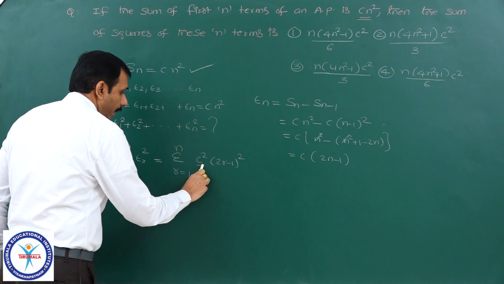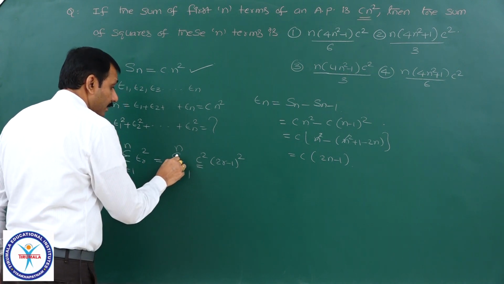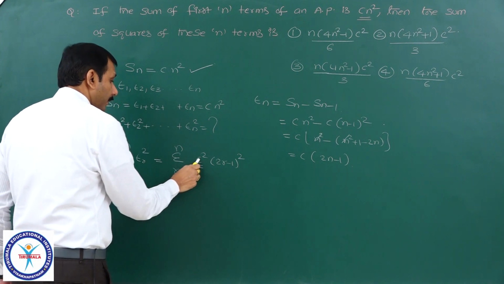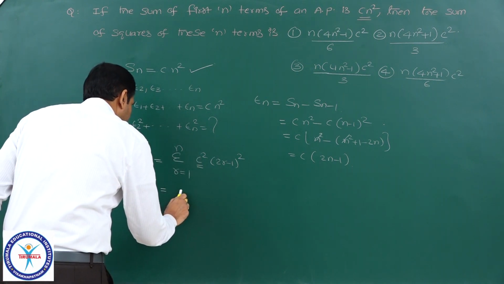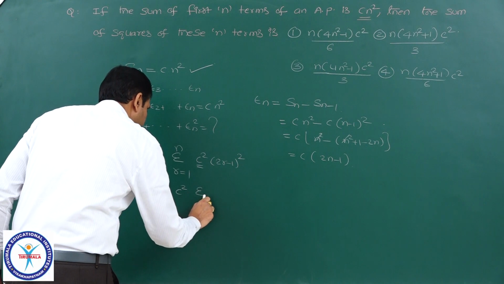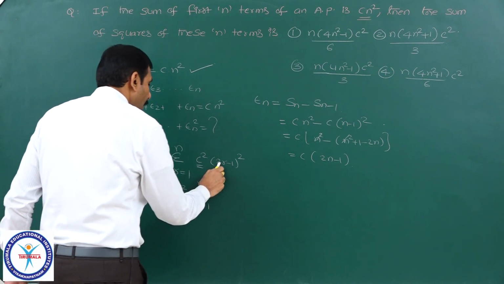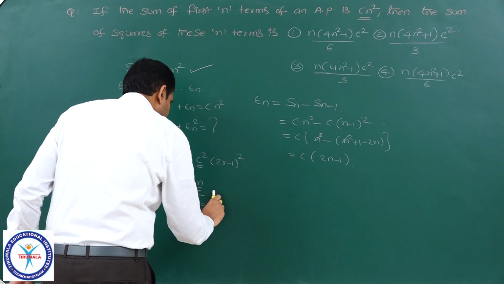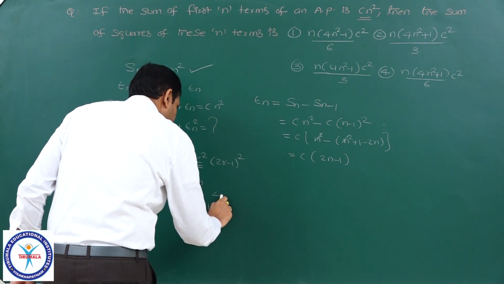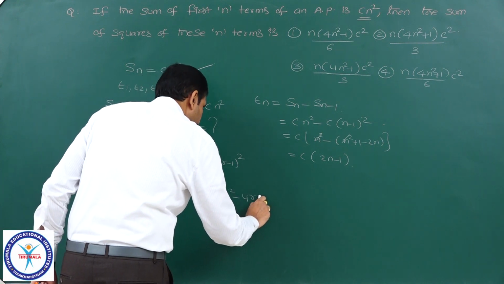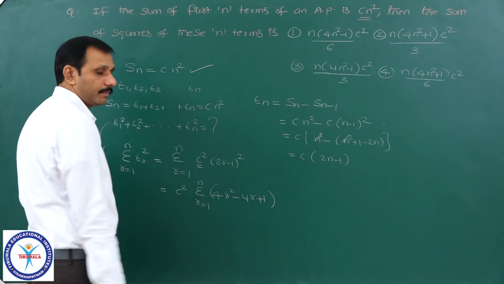Here c square is a constant because the sigma depends on the value of r only. The c square constant I can take outside, c square into sigma r equal to 1 to n, (2r minus 1) whole square, which I will expand. It is 4r square minus 4r plus 1.